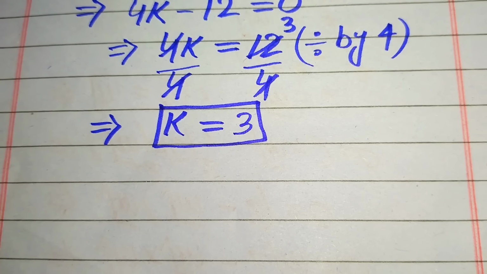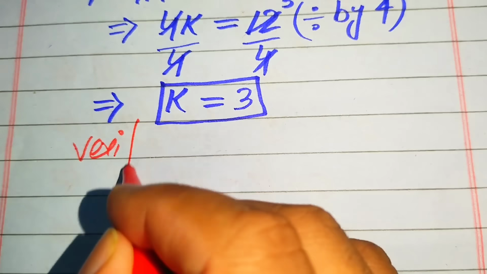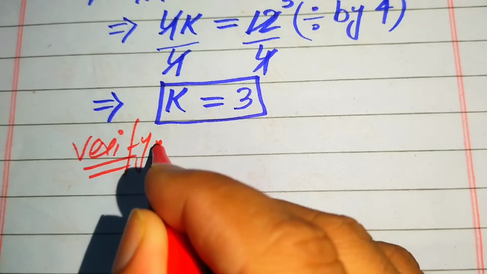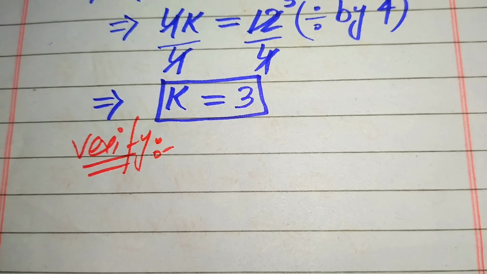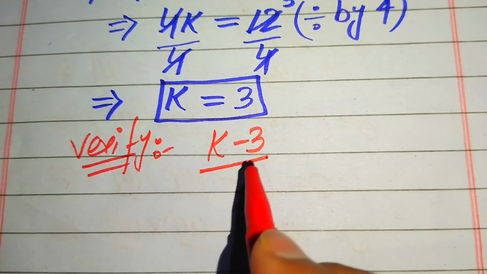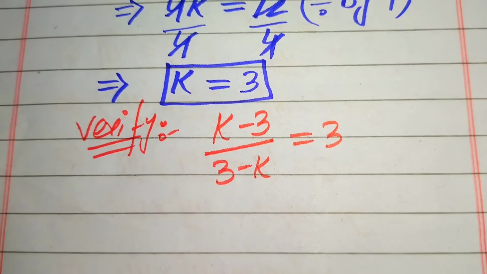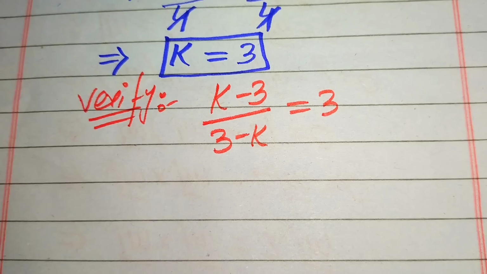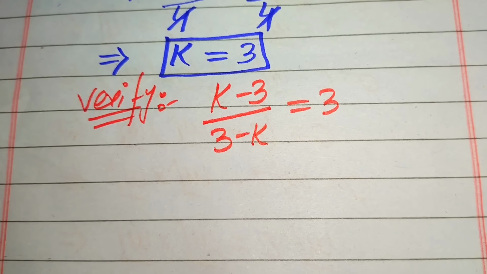In the next step, we need to verify whether this value of k is a solution or an extraneous root. For verification, we copy down the given question statement: (k − 3) divided by (3 − k) equals 3. Here we verify the above value of k.